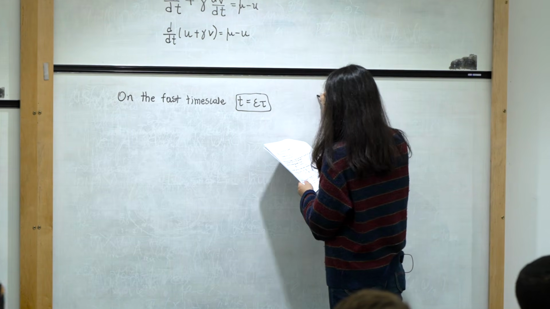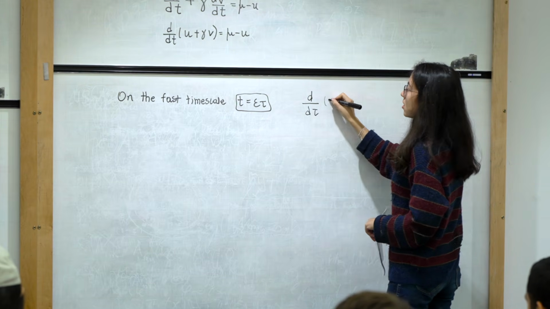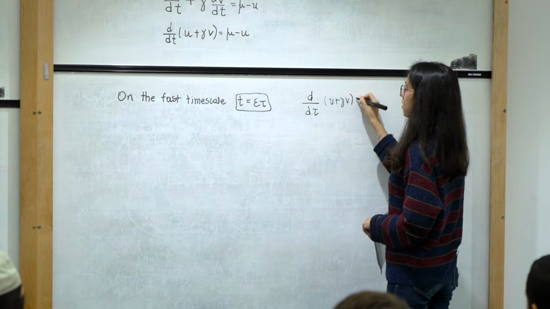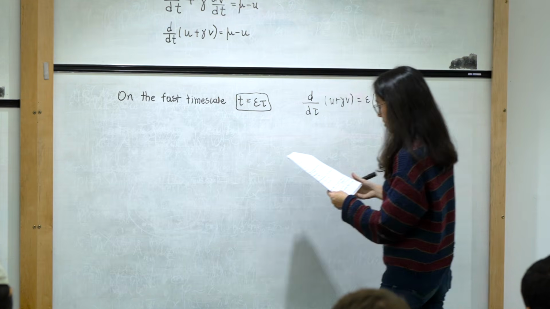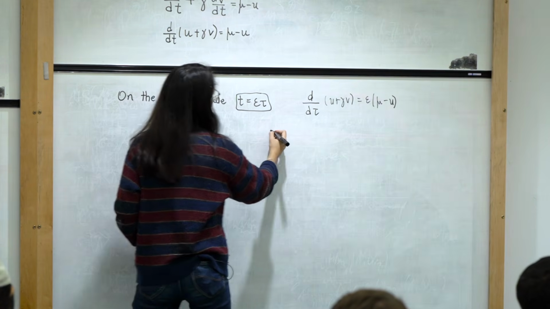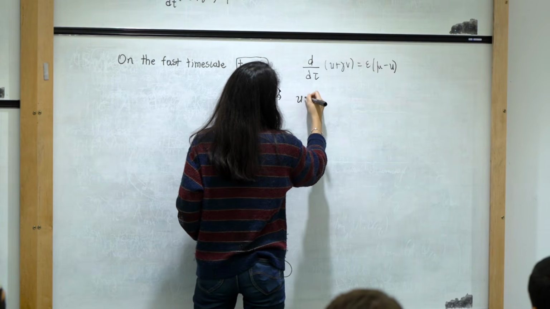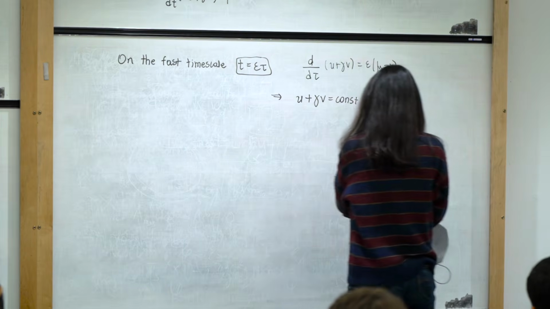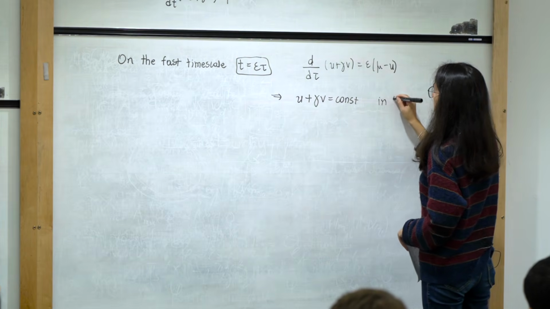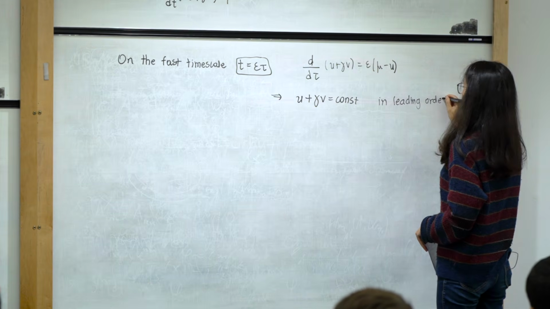So from this you will have d d tau of u plus gamma v is equal to epsilon times mu minus u. What this tells you is that to leading order in epsilon, you're going to have u plus gamma v equal to some constant.